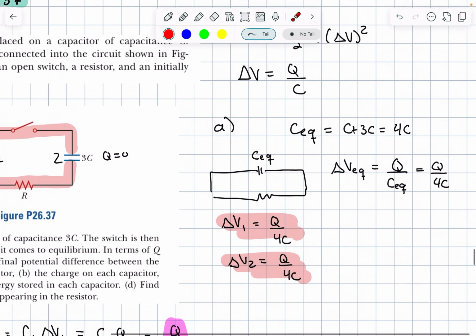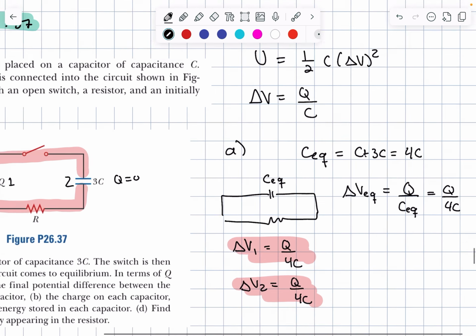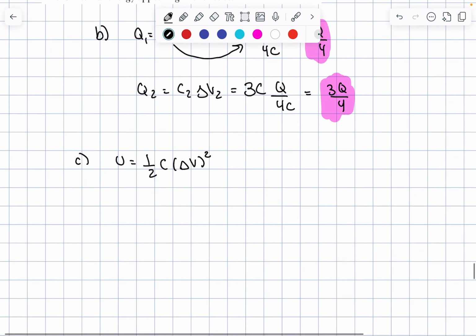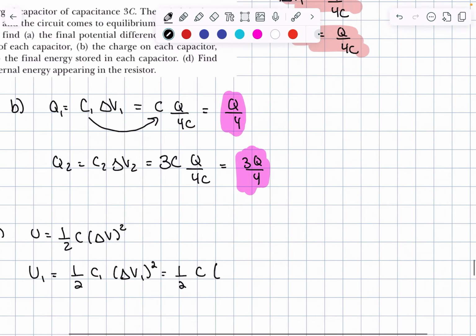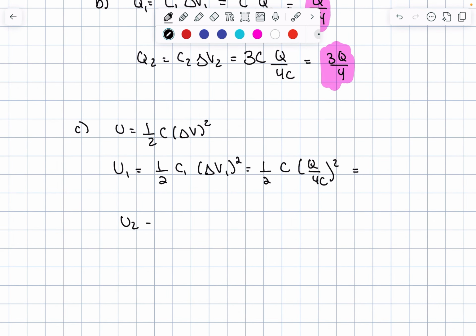We're going to have to use this equation up here. So this is the electric potential energy stored on a capacitor. We can write that out and we see that U is equal to 1/2 C delta V squared. Now U1 is equal to 1/2 C1 delta V1 squared. And we already know what all of these things are. So the capacitance was just C, and delta V was Q divided by 4C. And then for U2, same thing, 1/2 C2 delta V2 squared.